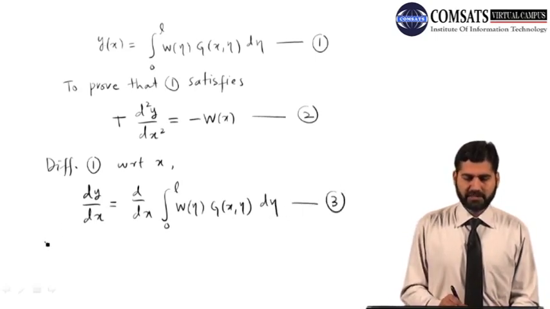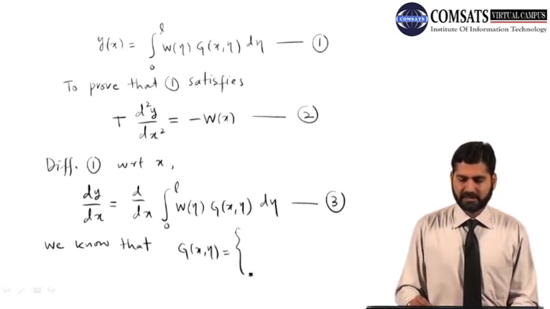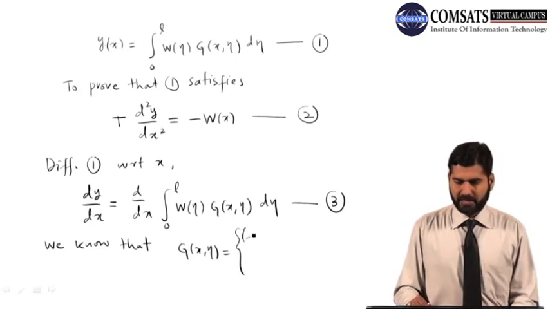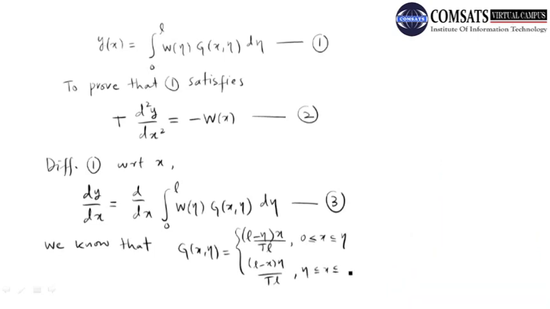We know that in this case our g(x, η) is known. It is (L minus η) x by TL when x is between 0 and η, and (L minus x) η by TL when x is between η and L. Alright, so we already know that.